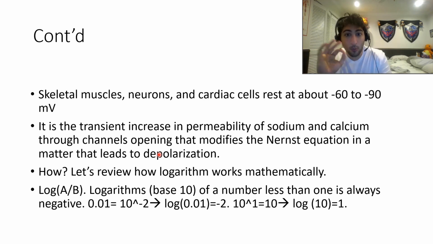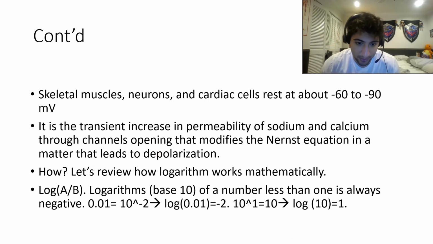Now, when sodium and calcium channels transiently open, the default state is closed. They open for a little bit, and when they open, that leads to depolarization because now all of a sudden they can participate in the Nernst potential. And remember, there's a lot of sodium outside the cell as opposed to the inside.